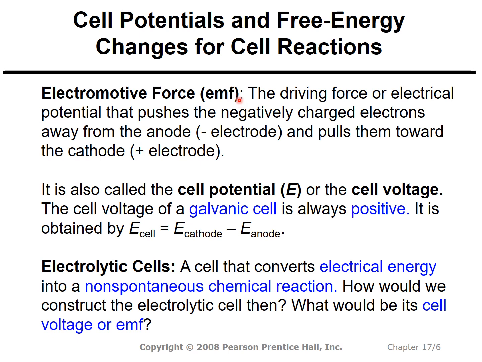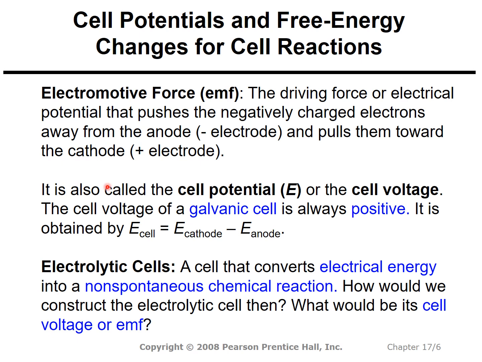The electromotive force is the driving force or electrical potential that pushes the negatively charged electrons away from the negative electrode and pulls them toward the cathode or positive electrode. Never mind about the anode and cathode at this point. I'll show you them later.